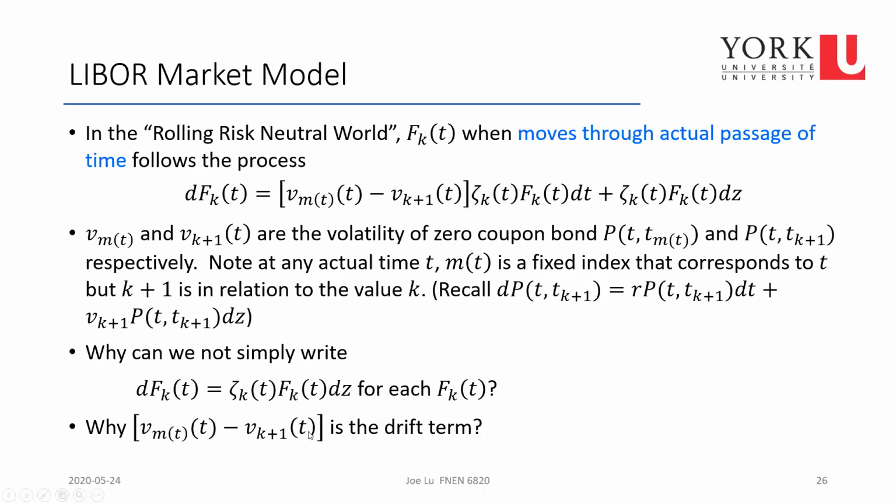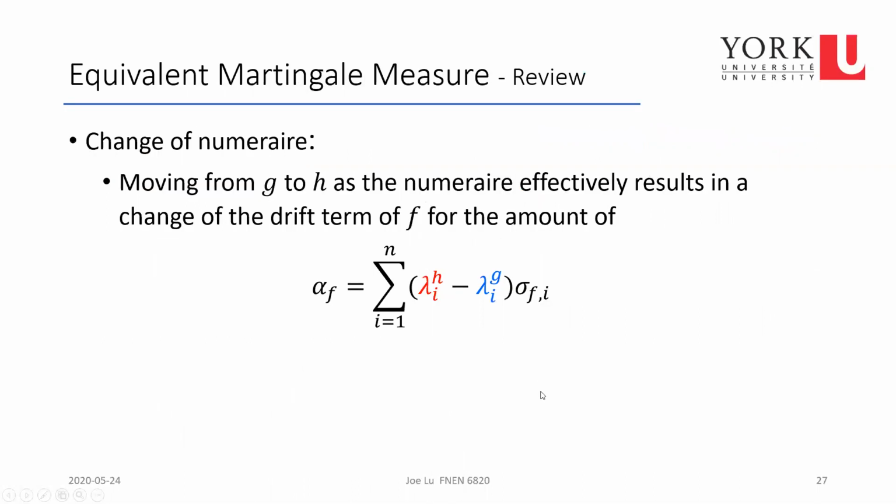Now, why is this the drift term? Well, let's have a quick review of the equivalent martingale measures and change of numeraire. If we were to change a numeraire from numeraire G to numeraire H, we have to change the drift. You have a multi-factor model here, for each of the risk factors, the factors that drive the random changes.